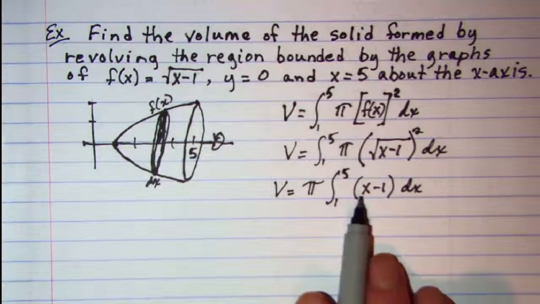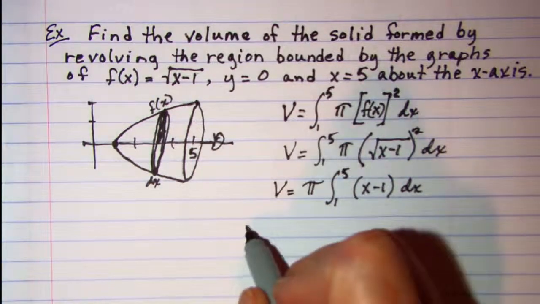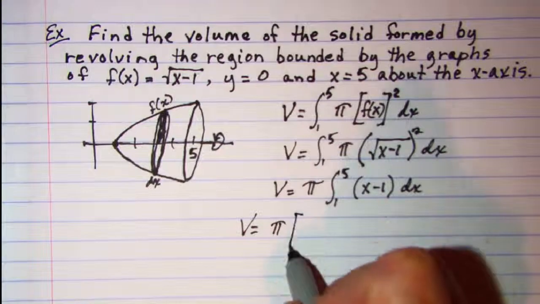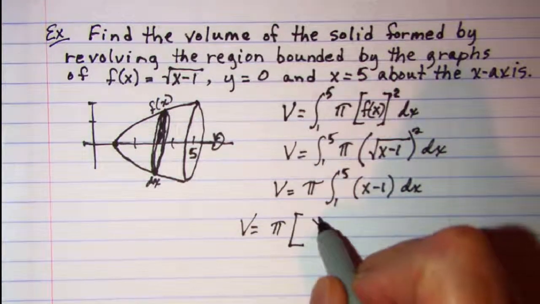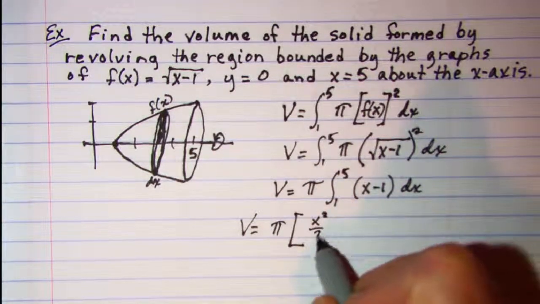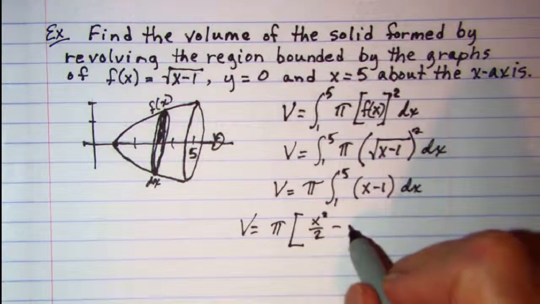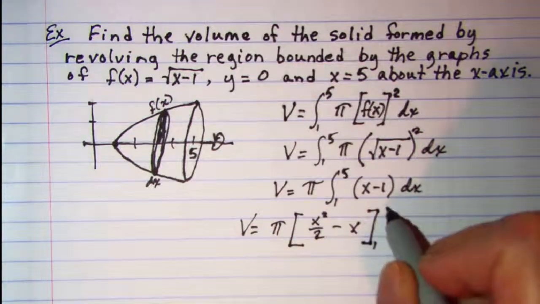So now we just need to do the math here. My pi is out in front. When I integrate x, I increase the exponent by 1, divide by the new exponent, so that's x squared over 2 minus, and then this will be x, and I'm evaluating from 1 to 5.